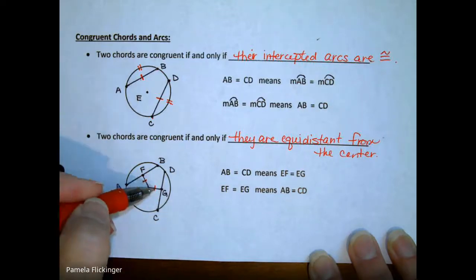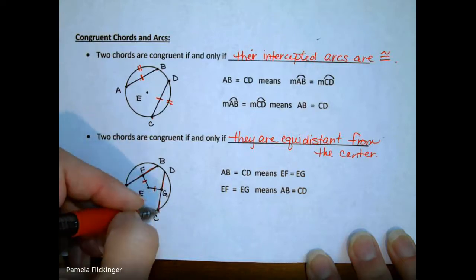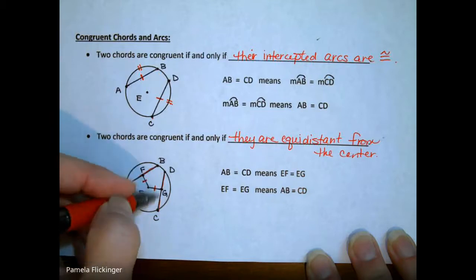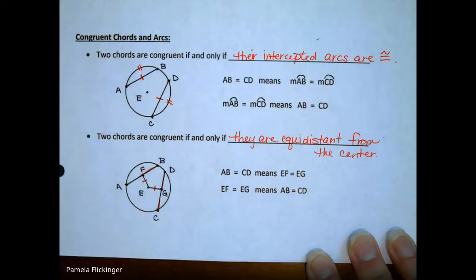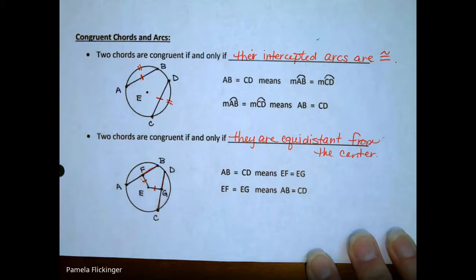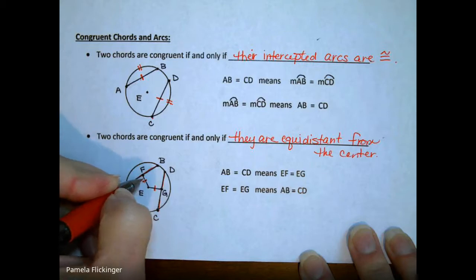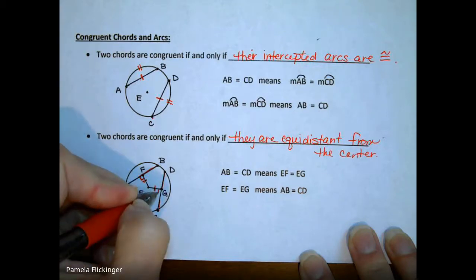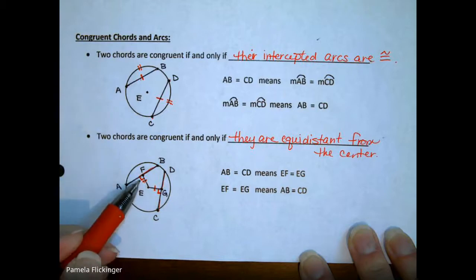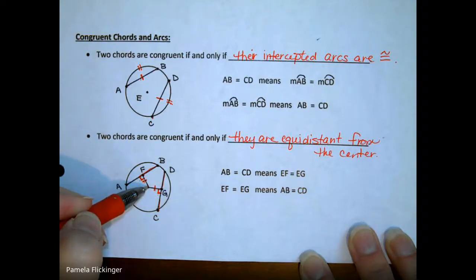And if I know that those are equidistant, then I know that these chords are going to be the same length. All right, so the length of AB will be equal to CD. And then vice versa. If I know the chords are equal, then I know that they are equidistant. Now, the other thing I want you to add is that these distances from the center out are always going to be perpendicular. So the other thing you'll see on the picture are these little right angles. And that just tells you because the shortest distance to anything is always the perpendicular distance.